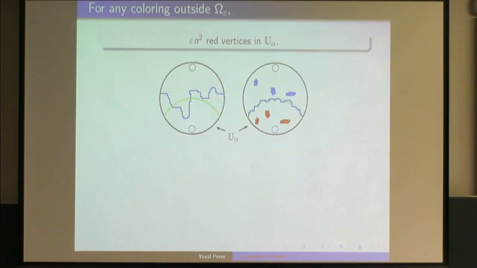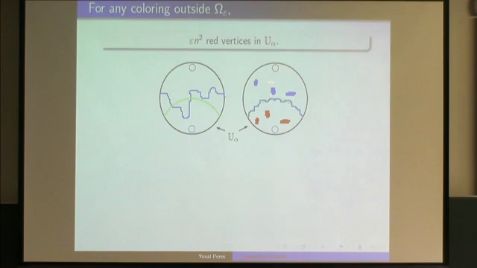Another possibility is that this blue interface actually is close to one of these geodesics. So in that case, why are we not in omega epsilon? It's because this interface is violated by big holes, say, either reds in the blue region or blues in the red region, which bring us outside omega epsilon.